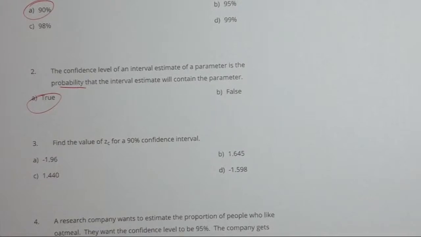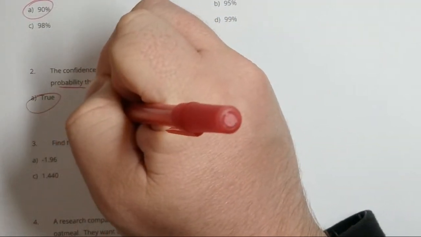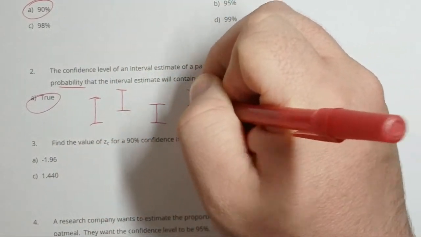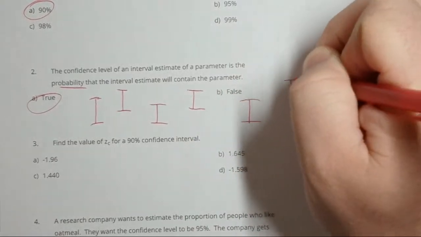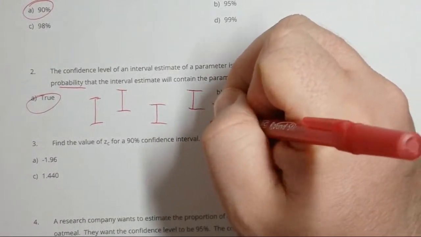Now, if we were in AP statistics, technically, I would dance around this and actually say that that's not precisely what the confidence level means. But let's just put it this way. Let's say here's an interval, here's an interval, here's an interval, here's an interval, here's an interval, here's an interval. Just a bunch of random intervals that were created based on whatever samples were taken.